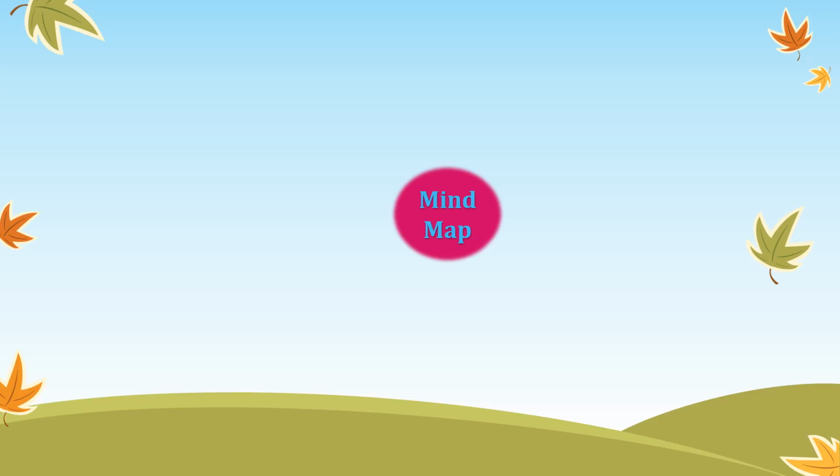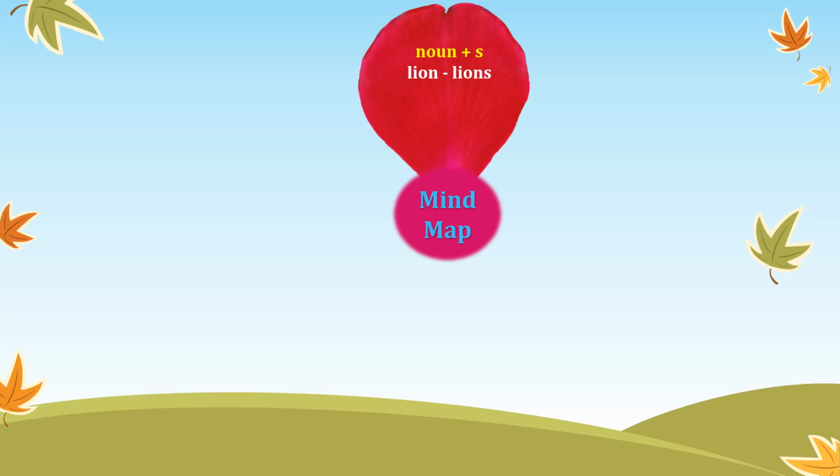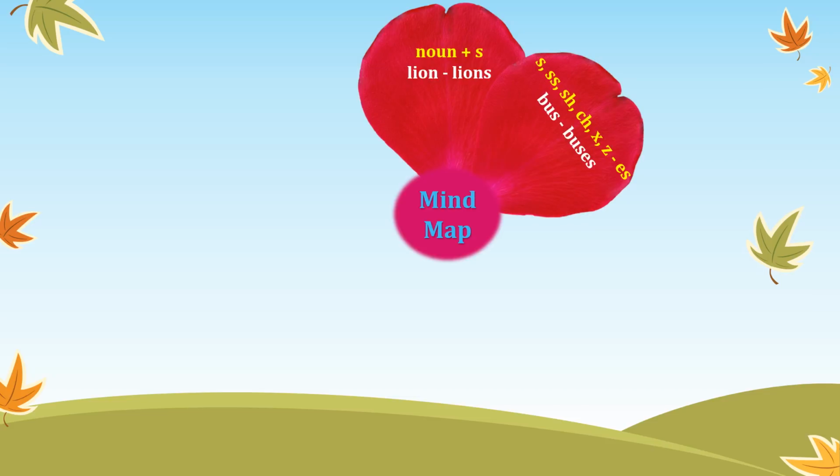Now let us quickly revise all the rules that we have learned with the help of a mind map, like we always do. Rule number 1. Most nouns change into plurals by just adding s in the end. For example, lion when changed to plural becomes lions. Rule number 2.